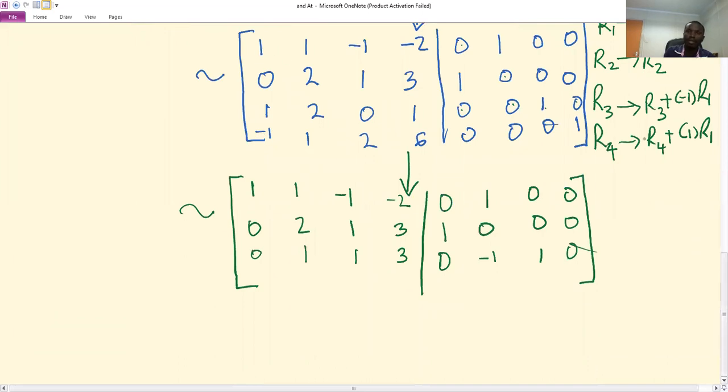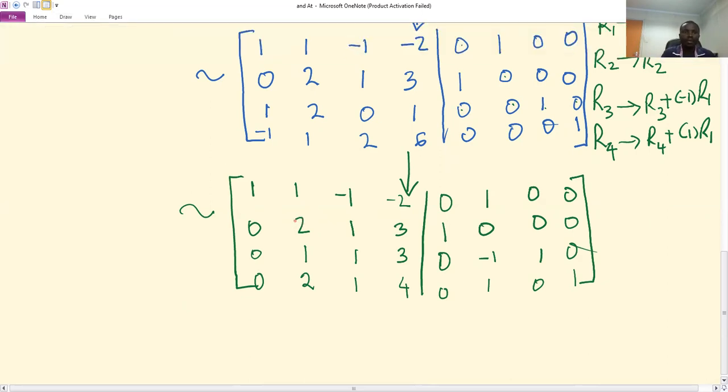For row 4, it is plus, so this will give us 0, this will be 2, this will be 1, this will be 4, the sum here will be 0, this will be 1, 0, and 1. So that's what we have. So this position is now fine.